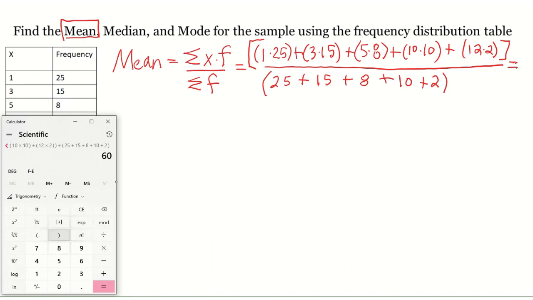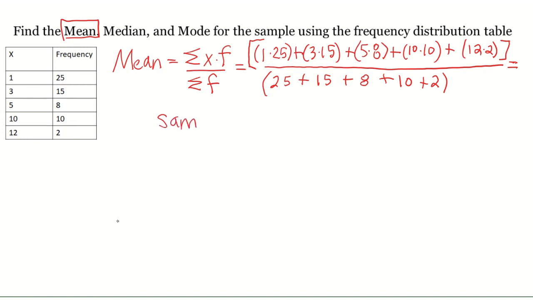Close my parentheses, equals 3.9. And this is a sample, so that means my sample mean is going to equal 3.9.